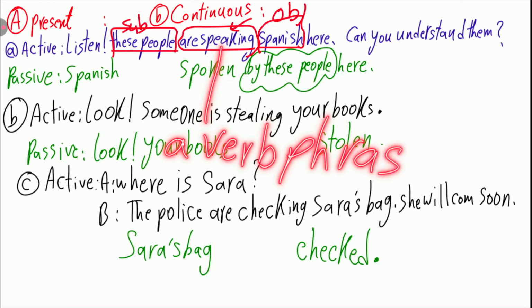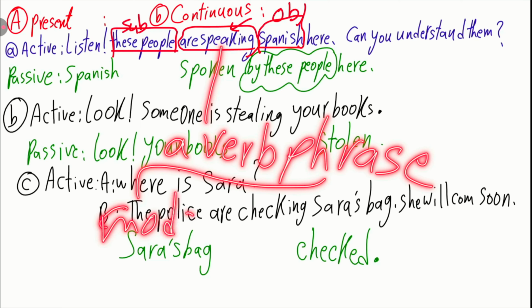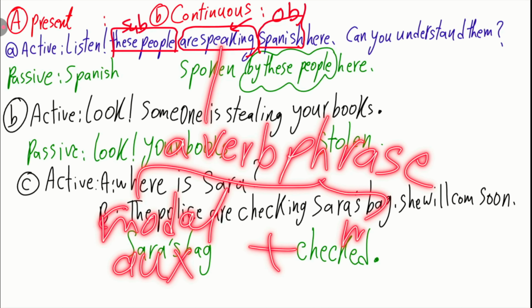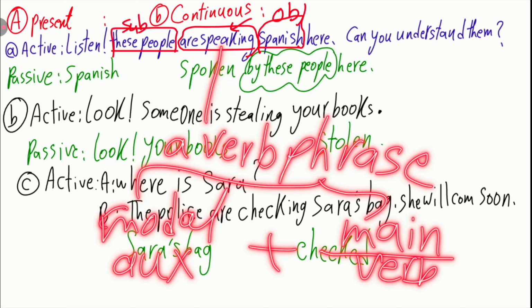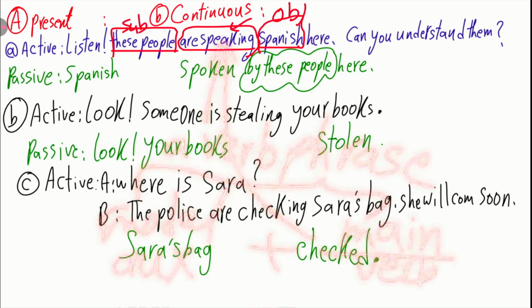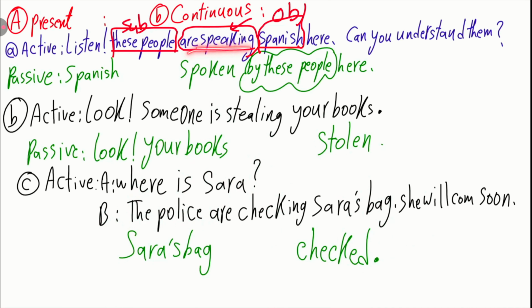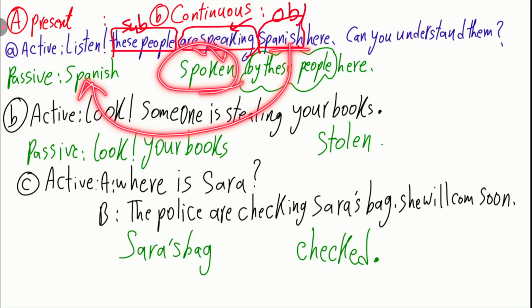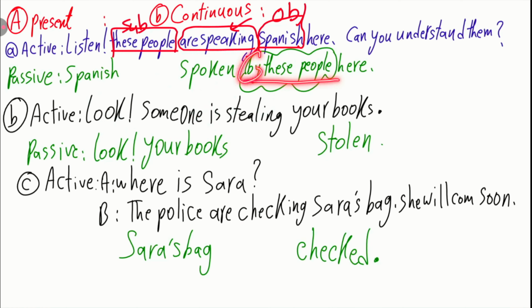A verb phrase is made up of the modal or auxiliary plus the main verb. They together make the verb or the verb phrase. So are speaking is the verb and the object is Spanish. We bring the object to the beginning of the sentence. We take the verb in its third form, V3, and we add then the verb to be, then the subject.